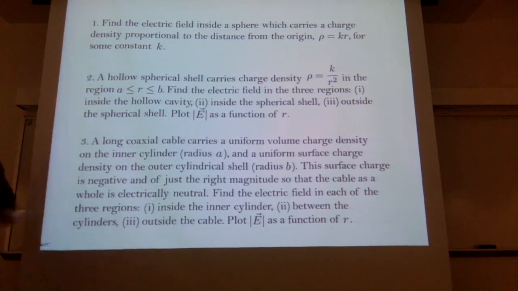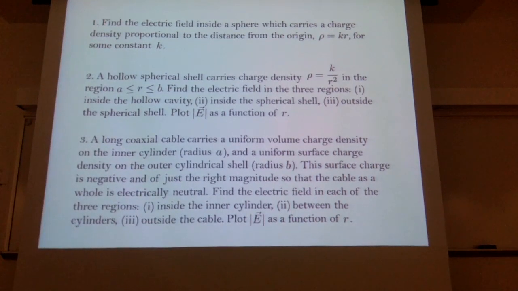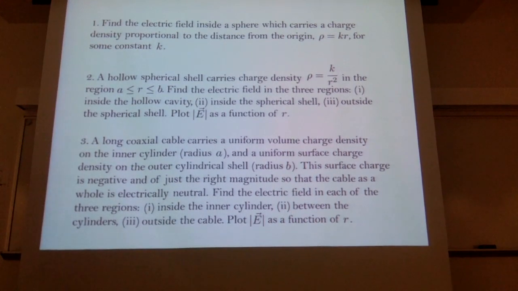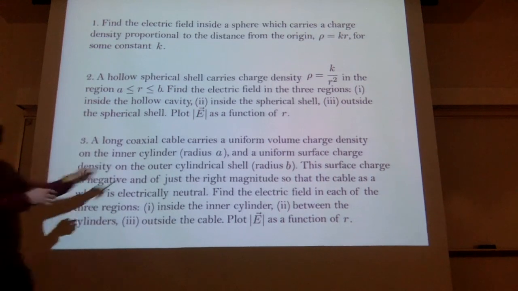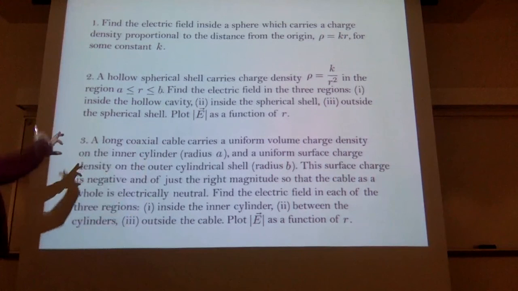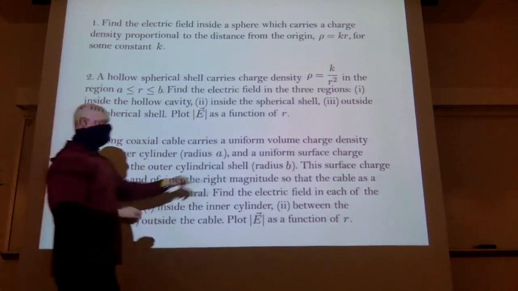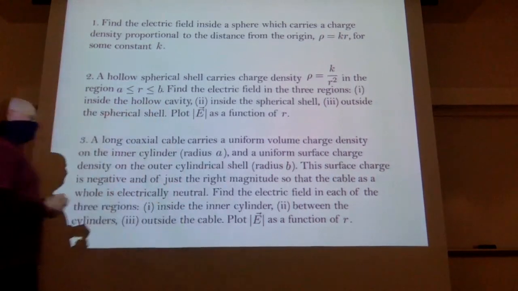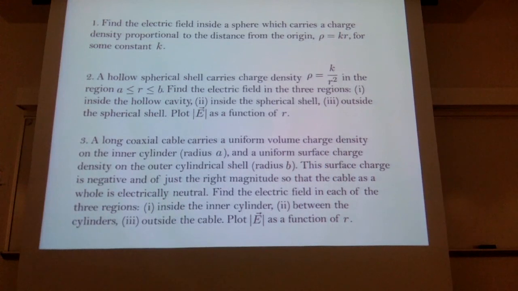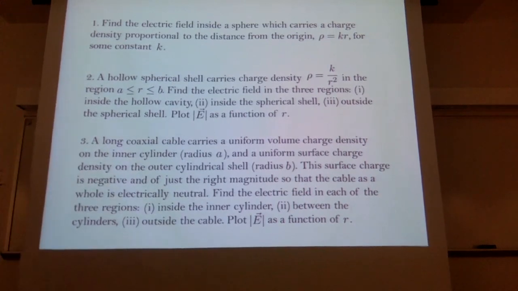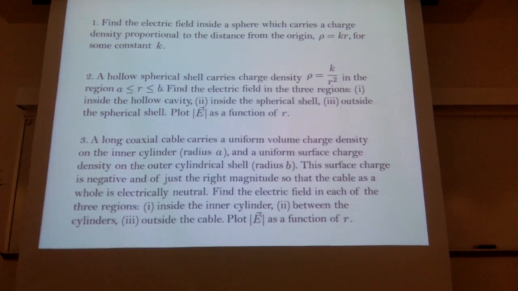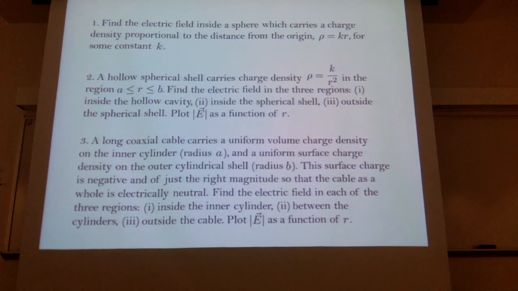The last one is a coaxial cable, which means it's actually 2 cables on top of each other. There's a cable running through the center, which has a radius of A, and then there's a coaxial shell around it, where that shell has a radius of B. But what it tells you is that the charge density on the shell portion is negative and cancels out the charge density carried on the inside wire.